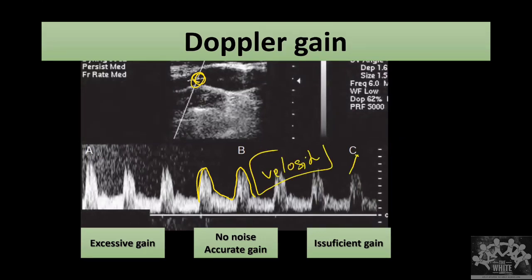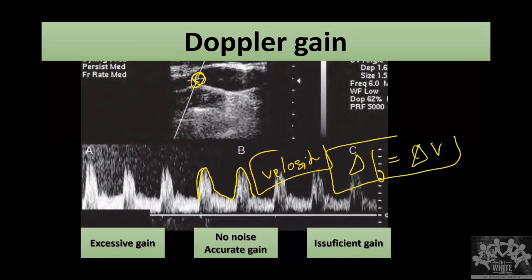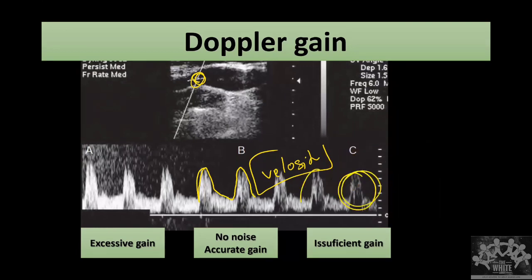Based on the change in the frequency, you are assuming the change in the velocity, because both are proportional. The faster the velocity, the more the change; the slower the velocity, the less the change. So whatever I have plotted here is the speed of the RBCs. Nowhere have I plotted the amplitudes.